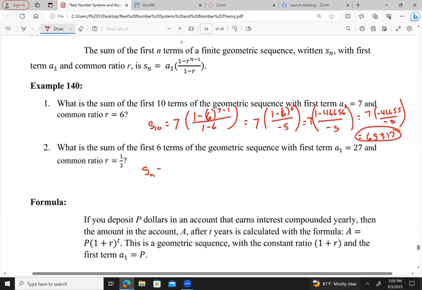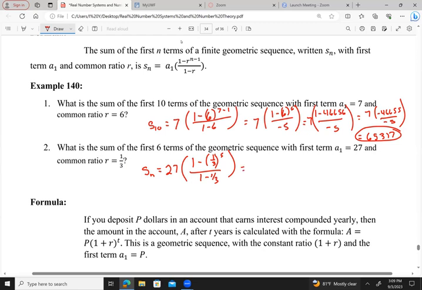So I have 27 times 1 minus 1/3 to the 6 minus 1, which is the 5th, over 1 minus 1/3. 1/3 to the 5th is 1 over 243.